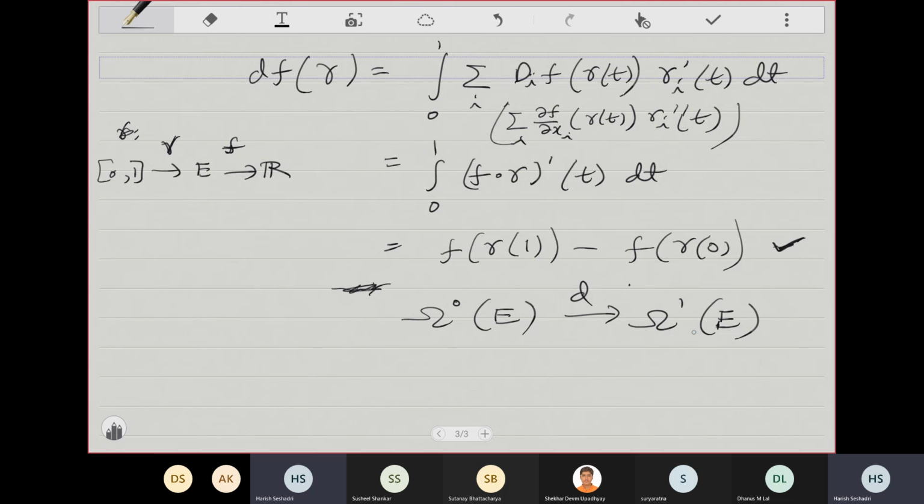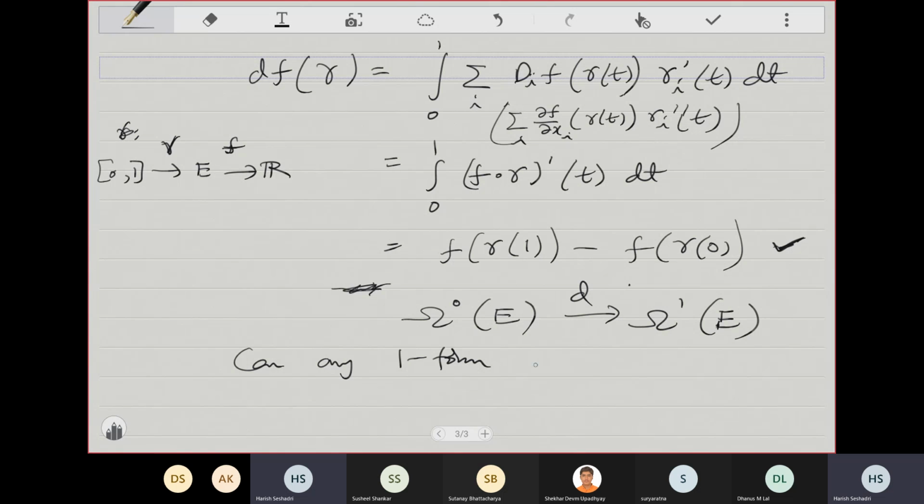So the question arises in various contexts whether every one form can be written as d of some function. In other words, is this d map from here to here surjective, onto?